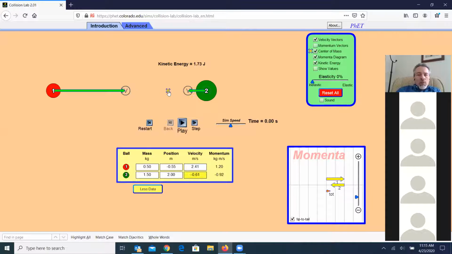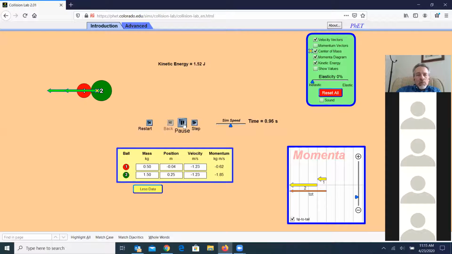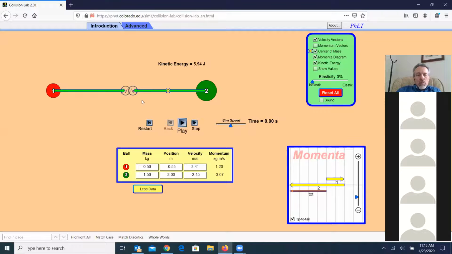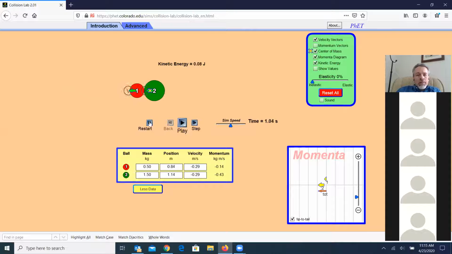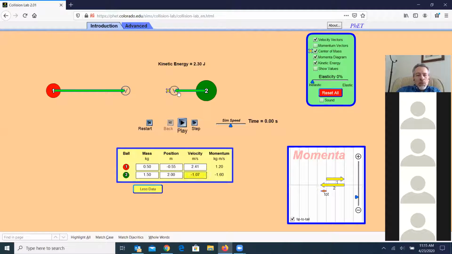They could even be going in opposite directions. Play. Rewind. This one's kind of a neat one if you could just get it just right. Oh, I didn't get it quite just right. A little bit slower. Almost. Rewind. We can do it even where they're maybe going in the same direction, maybe even.